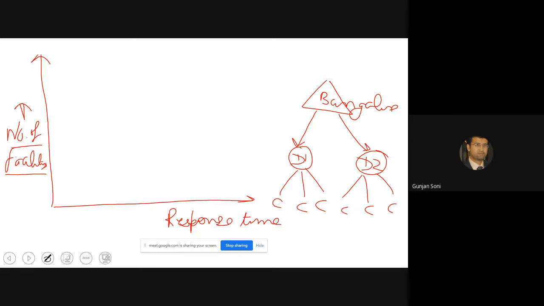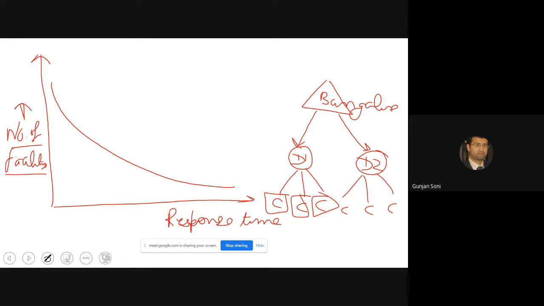But now customers just have to contact the distributors, and they are closer to the customer as compared to the original manufacturing plant. So the response time would be lower. So it shows this kind of curve where as you increase the number of facilities, the response time keeps going down.